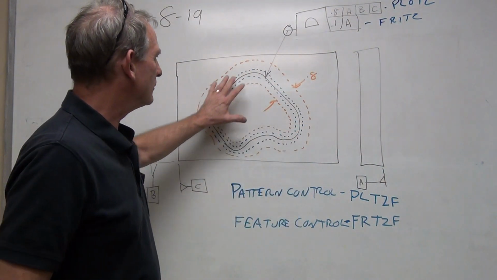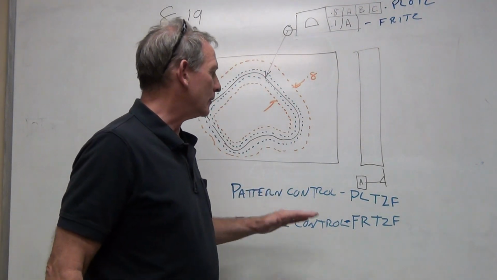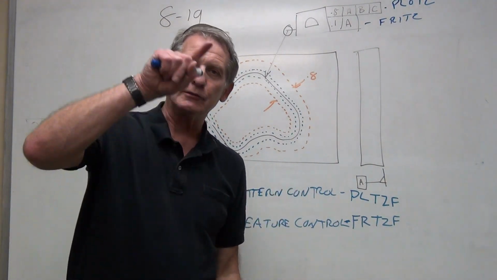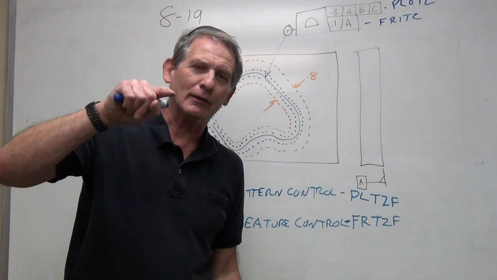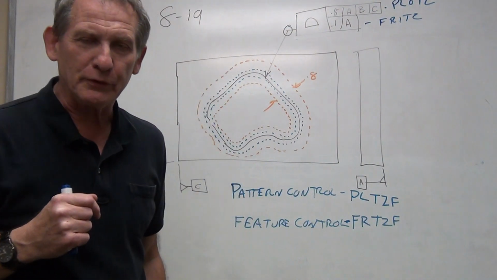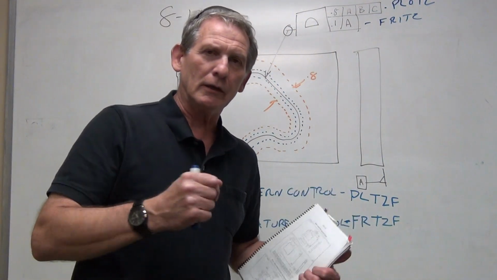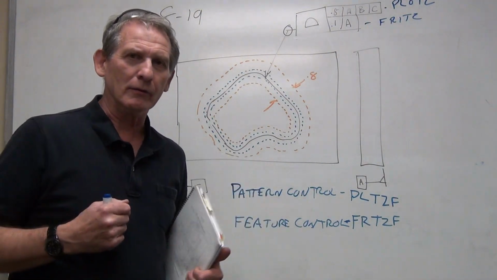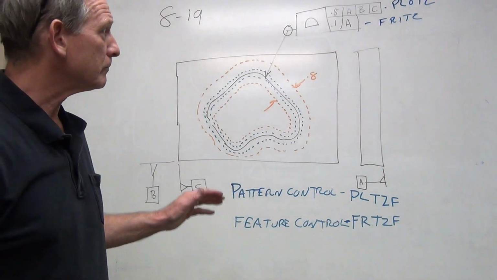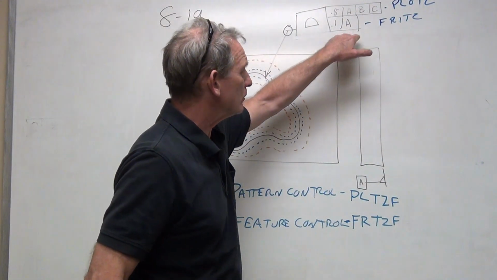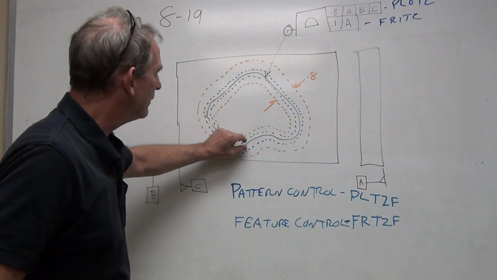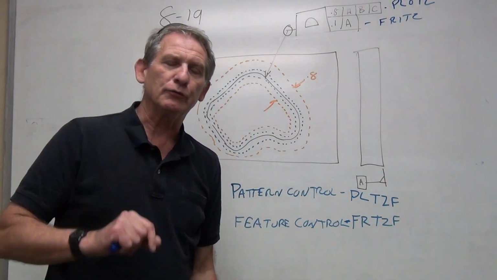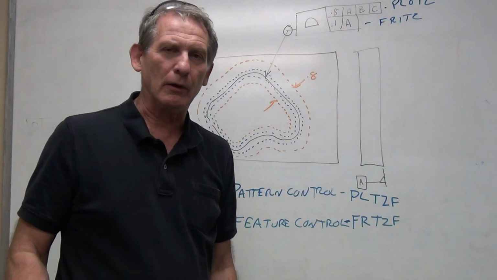So if you think about this cutout, the feature itself, this weird shaped hole, it's a bunch of features. It is a radius and a straight line and another radius. Each one of those are individual features. They're just grouped together and they're joined together. So we think of that as a pattern of individual features. We define a tight tolerance zone, defining the size and variation of the individual features in that part.